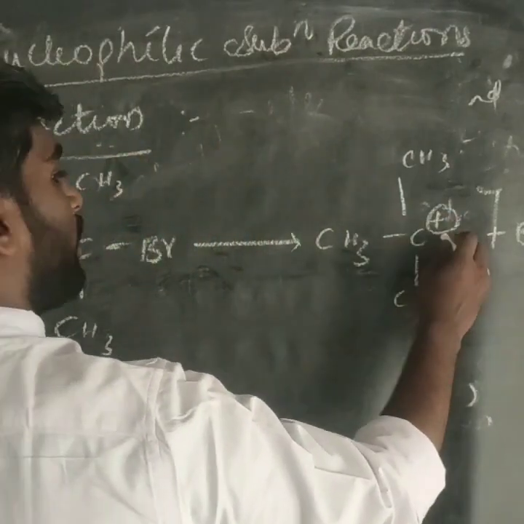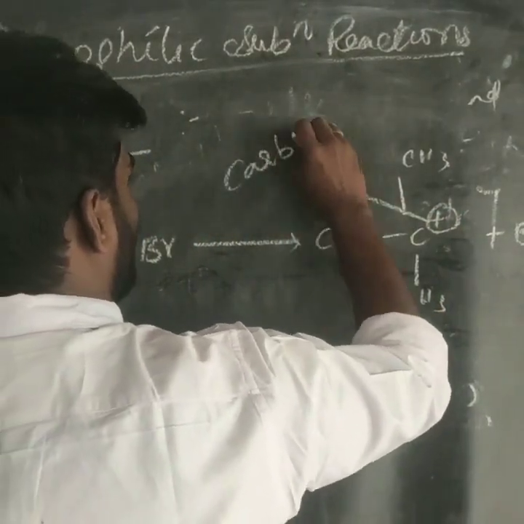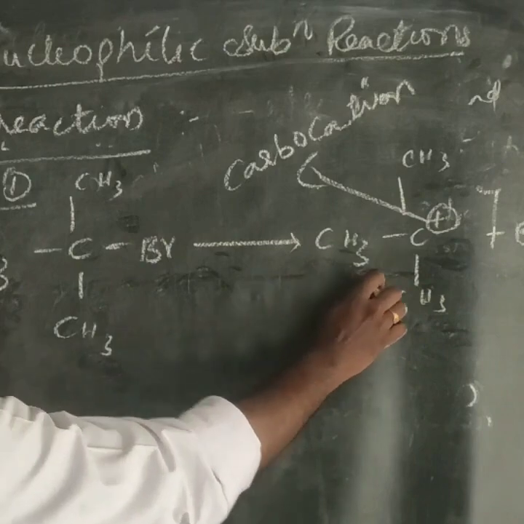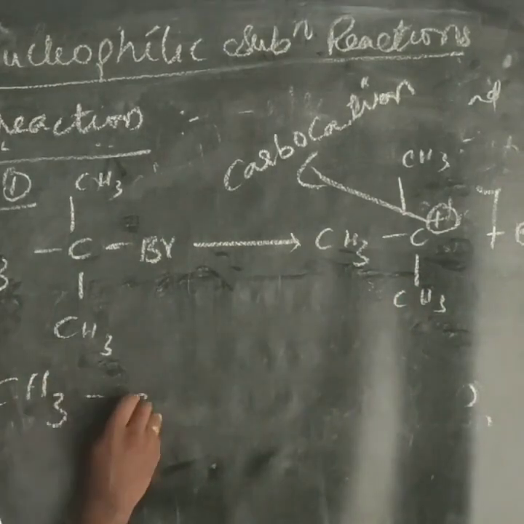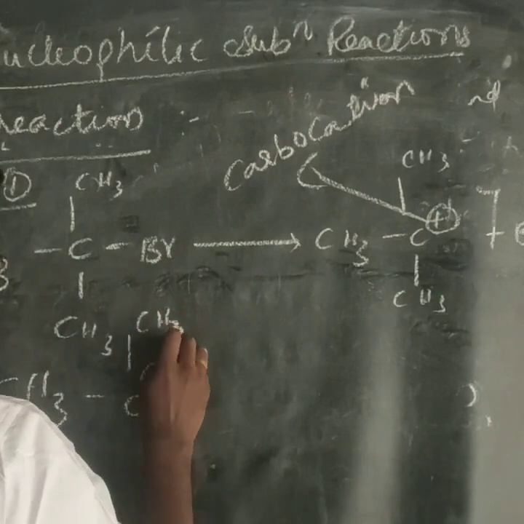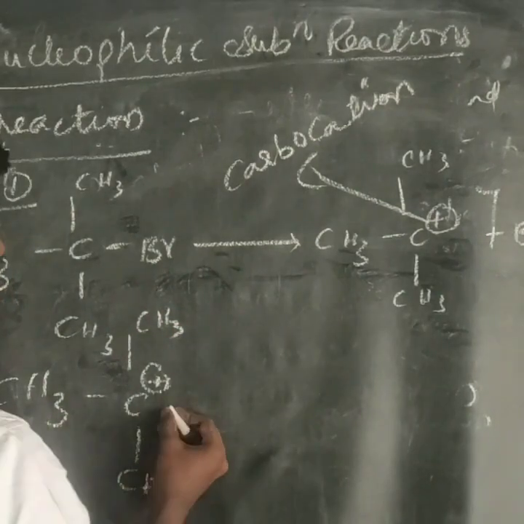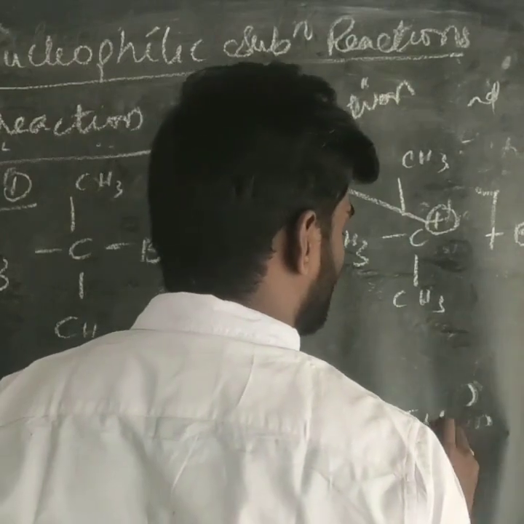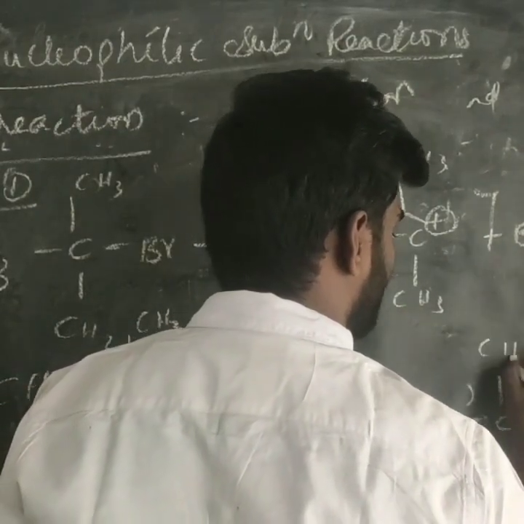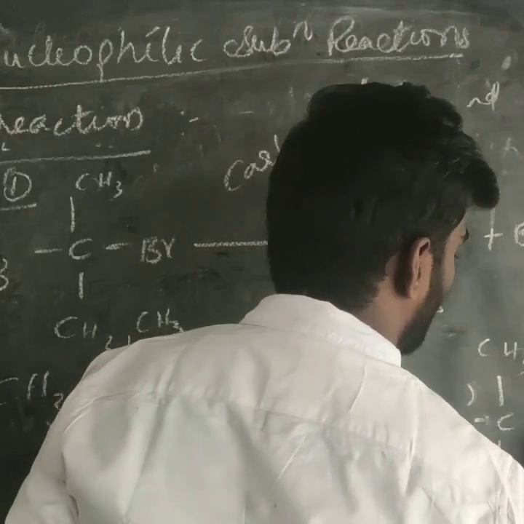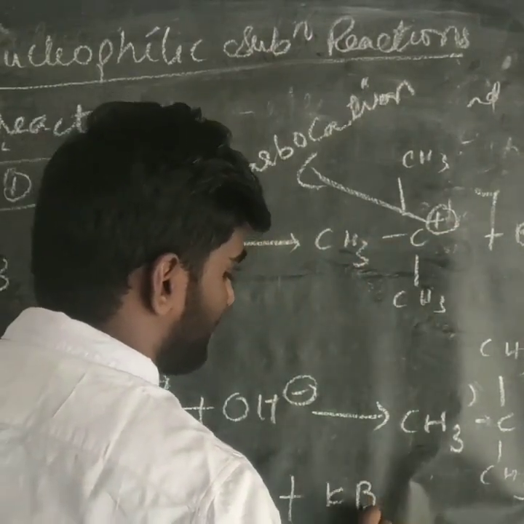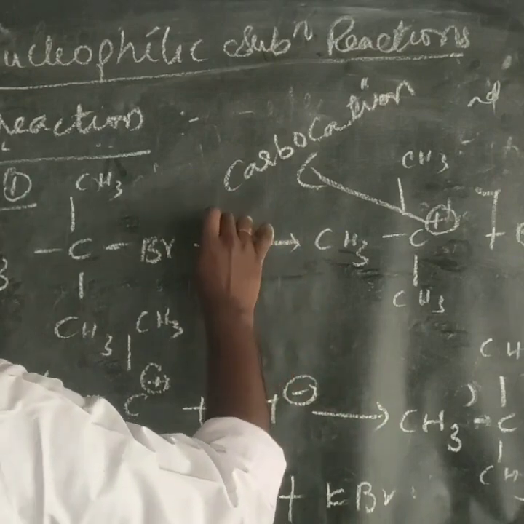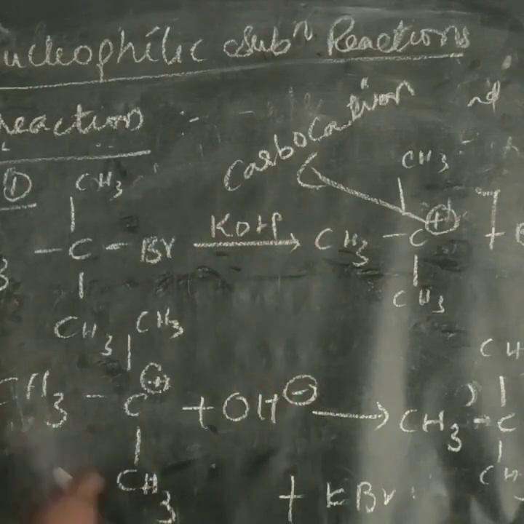This is called a carbocation. In step 2, (CH3)3C+ reacts with OH minus, from potassium hydroxide KOH, giving (CH3)3C-OH plus KBr.